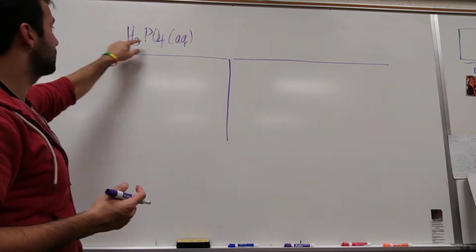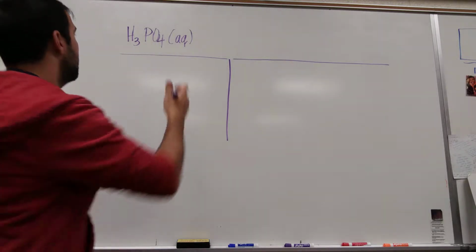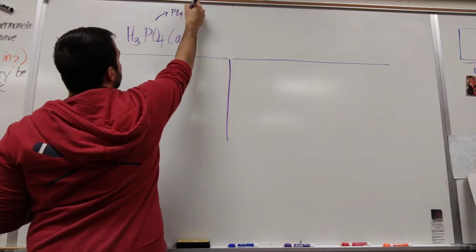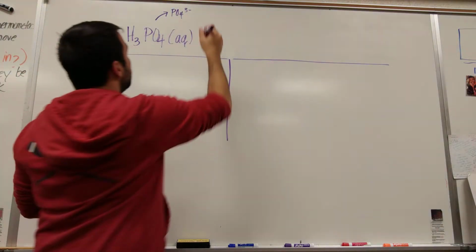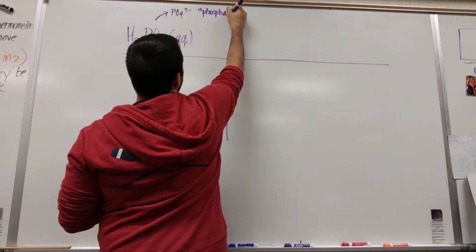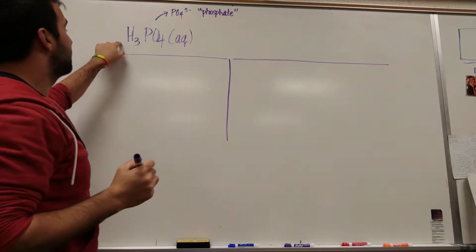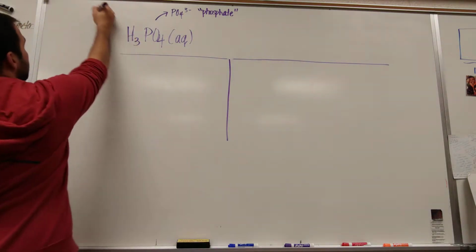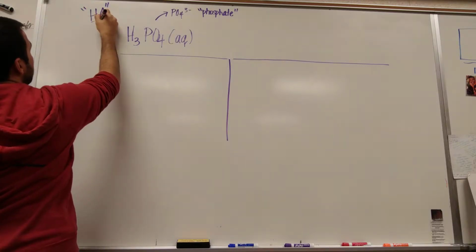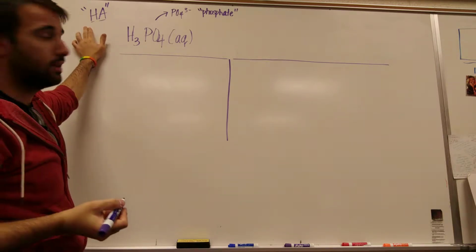It is H3PO4 aqueous. If you remember from nomenclature or naming, PO4 has a charge of 3 minus. This is called the phosphate ion. So PO4 is phosphate. And then of course, if I have a hydrogen in front, this gives me my acid structure, HA, where A is some conjugate base or some negative charge, and H is my acid.